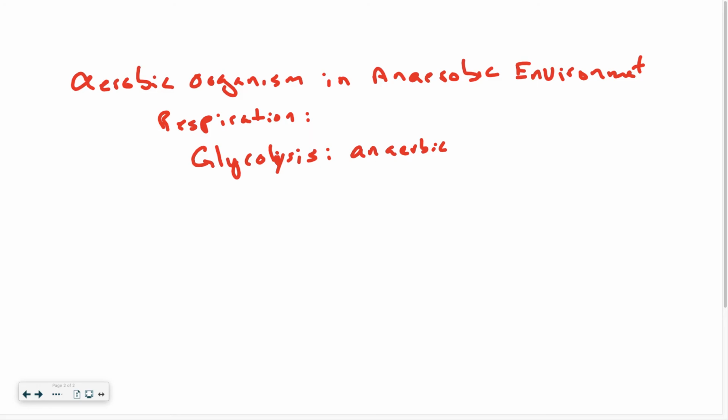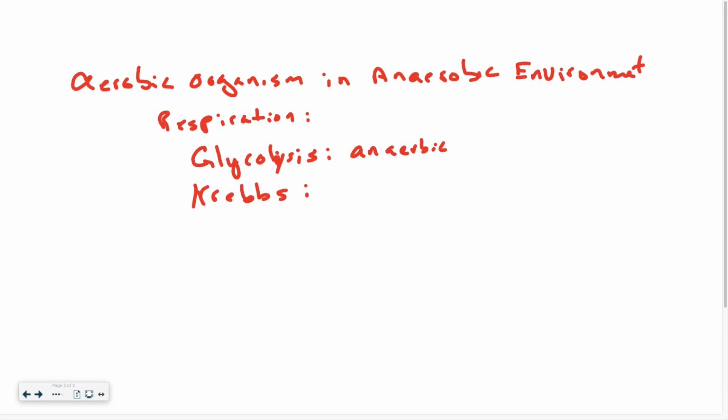What's the next step of respiration? The Krebs cycle. Does the Krebs cycle need oxygen? Actually, the Krebs cycle itself doesn't need oxygen.